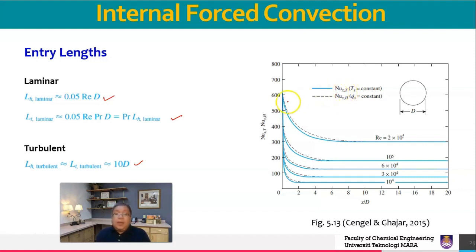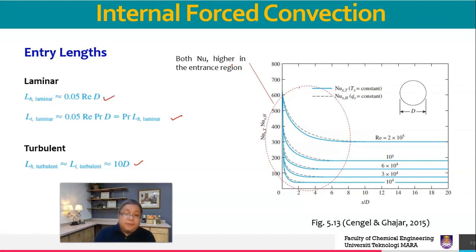At first they were slightly different at the entrance region, whereby you find that the hydrodynamic Nusselt number is much higher compared to the thermal boundary region.